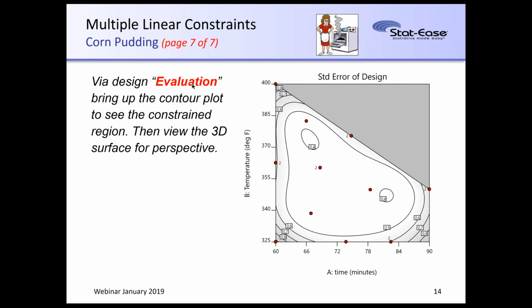And if we look at this design using the design evaluation tool and we look at the contour, we can see that linear constraint cutting off that vertex of 90 minutes and 400 degrees and keeping all the runs in the space where we expect to get not necessarily good corn pudding, but at least corn pudding that's recognizable. It's not burnt to a crisp.